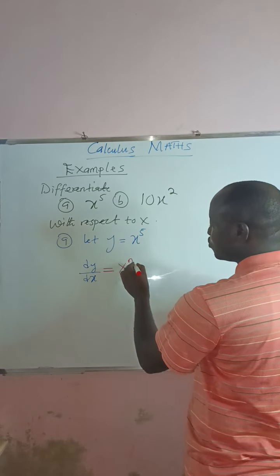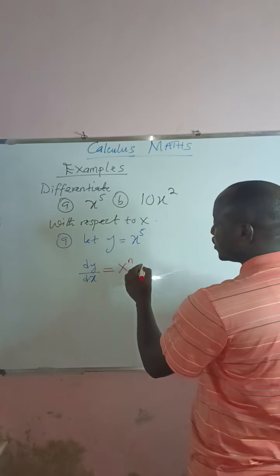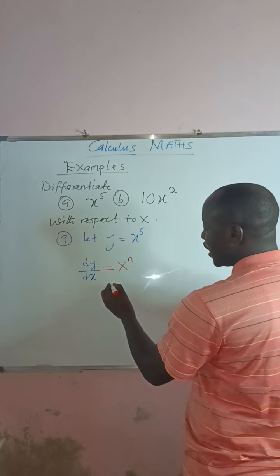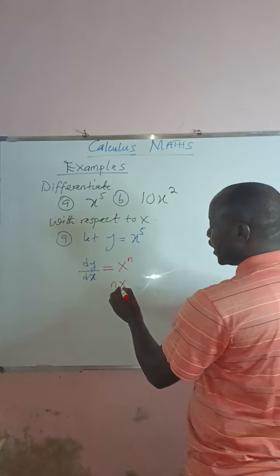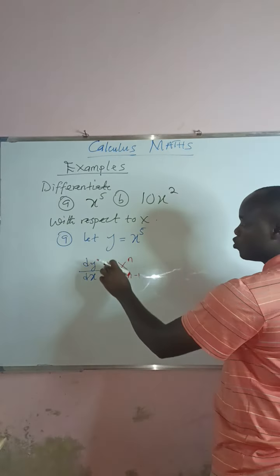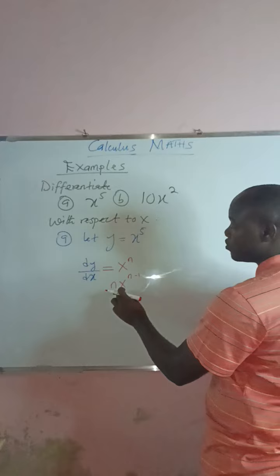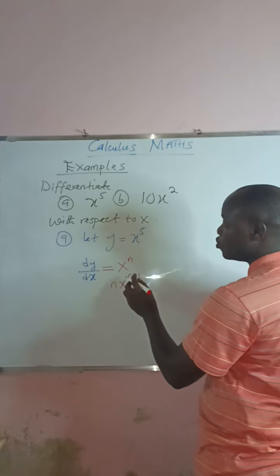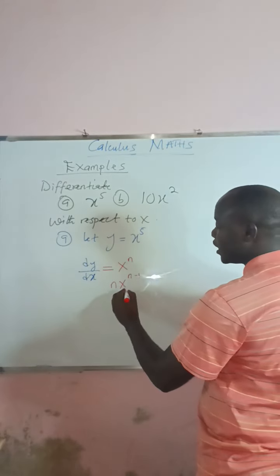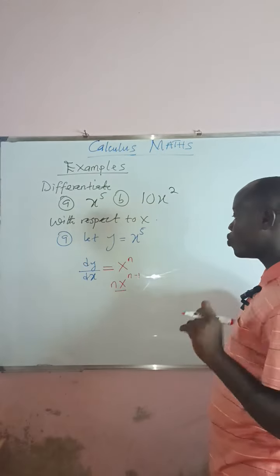When we have x raised to the power of n, differentiating it gives n x raised to the power of n minus 1. So the n will come to this side to multiply the x, and we subtract 1 from the power. That is the general differentiation equation.